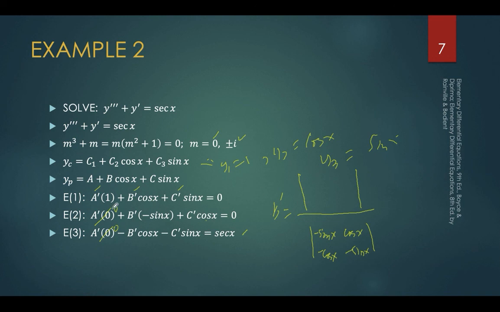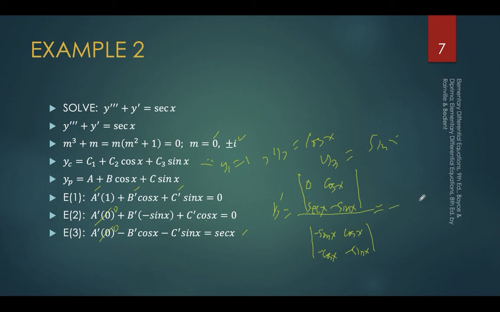Okay, and for the numerator, we replace the first coefficient by 0, if we're solving for b prime, no? So we replace negative sine x by 0 and secant x. This is by Cramer's rule. And then we retain cosine x and negative sine x.